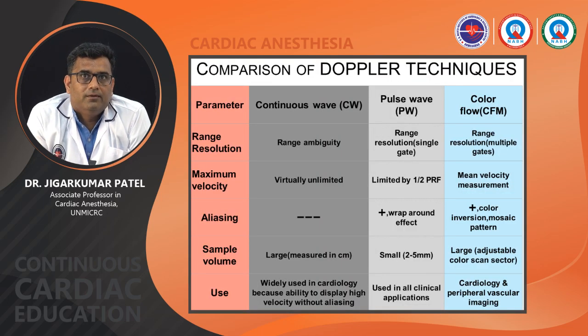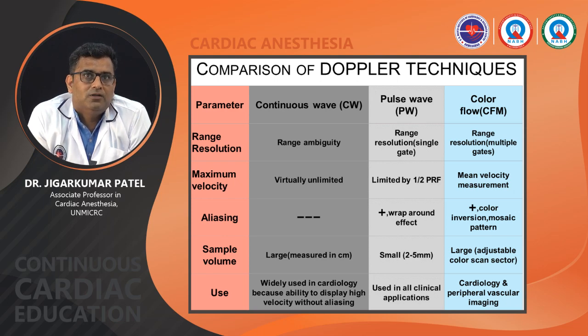Now, when you compare the various Doppler techniques, on range resolution, continuous wave has no range resolution, but pulse wave has a single gate range resolution, while color flow has a range resolution with multiple gates. So you can identify the exact location of the regurgitation or pressure gradient.